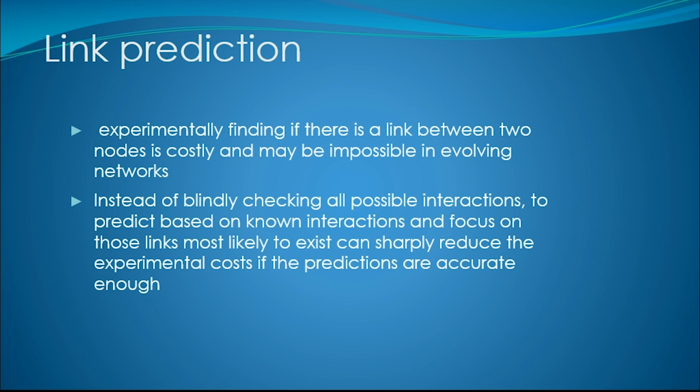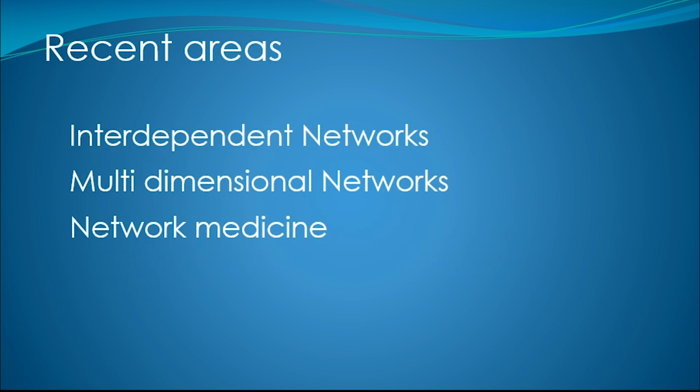So you have to use some probabilistic measure to predict if there will be a link between any two nodes at any time. And recent areas: interdependent networks, multidimensional networks, and network medicine.